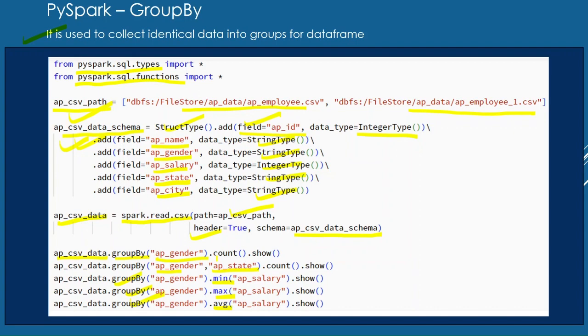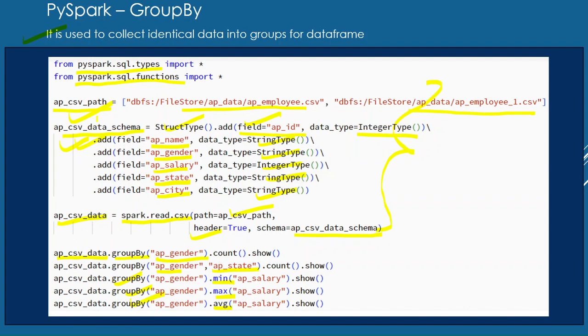Let's go to Databricks and see how it generally works. To save time, I am going to copy the code from here to here. The code responsible for defining the list variable, creating the custom schema, reading the CSV file, and creating the data frame, we have done multiple times in this video series.